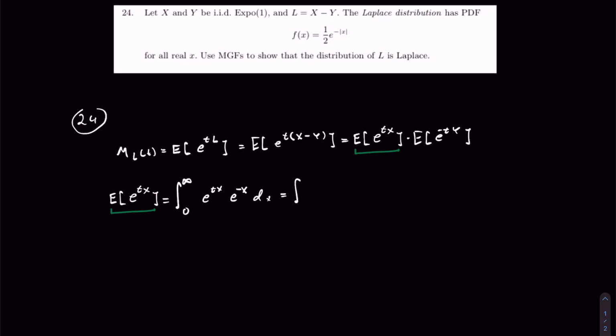And so what we end up with is, the support is from 0 to infinity, and then we use e to the minus x plus tx, and now we factor out the x's.